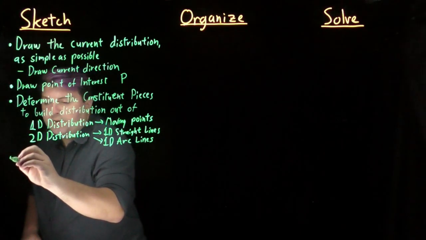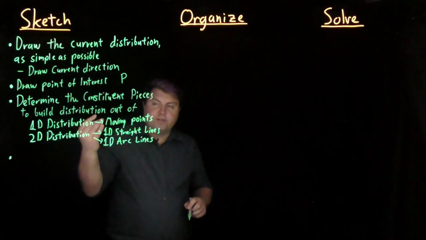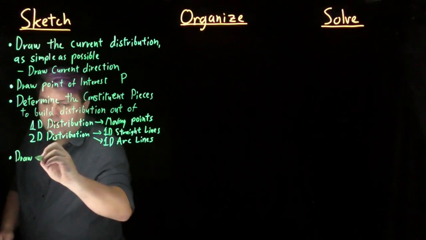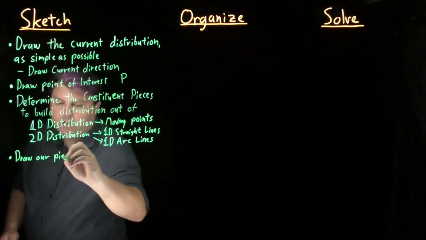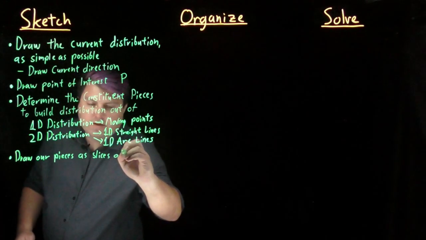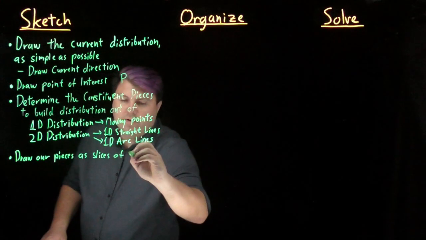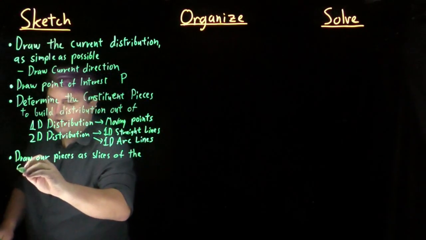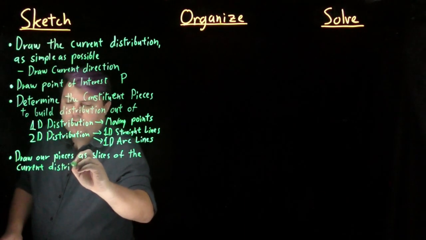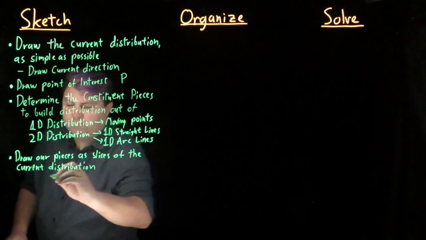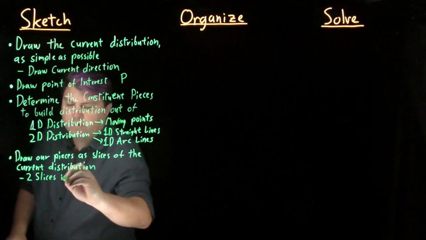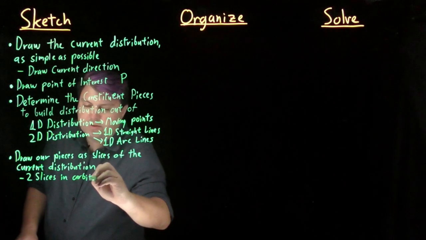So once we've built our distribution out of these or determined what pieces we're going to use, we're going to draw our pieces as slices of the current distribution. And we want two slices in arbitrary positions.